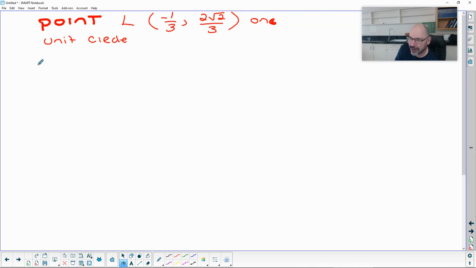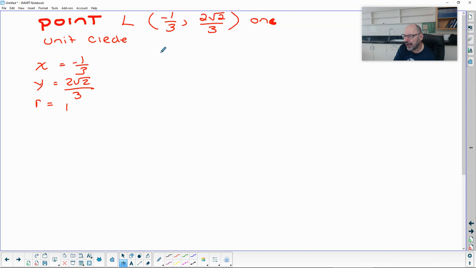So then we know that x is negative 1/3, y is 2 root 2 over 3, or 2/3 root 2, and r equals 1.